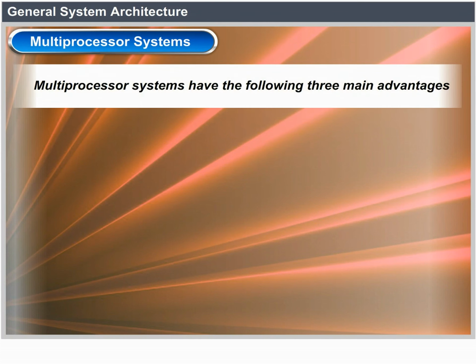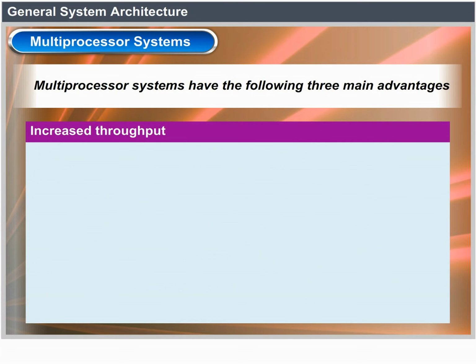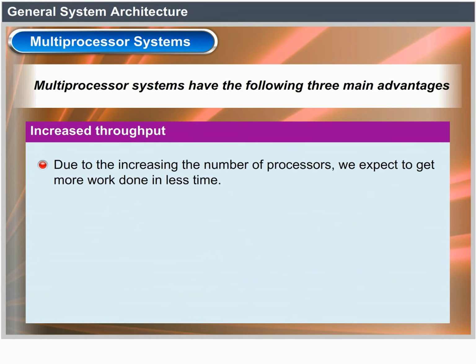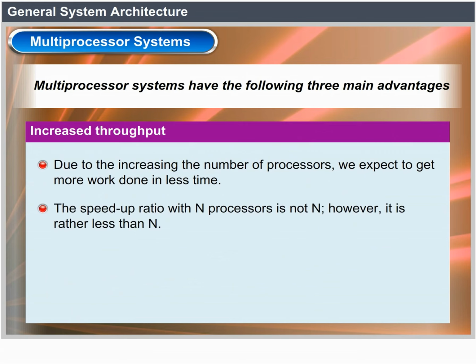Multiprocessor systems have three main advantages. 1. Increased throughput. By increasing the number of processors, we expect to get more work done in less time. The speed-up ratio with n processors is not n, however; rather, it is less than n.